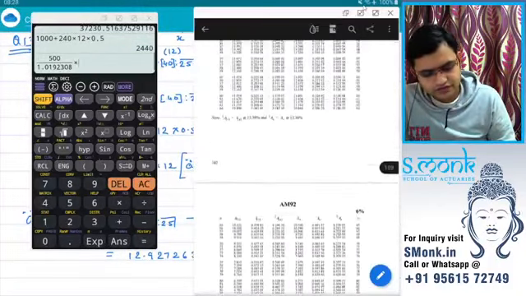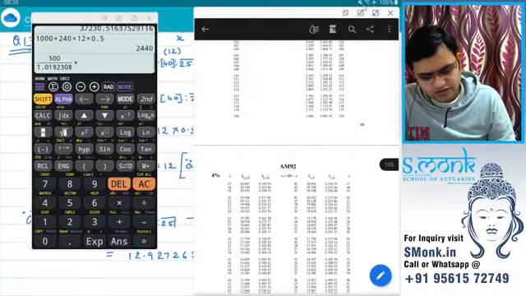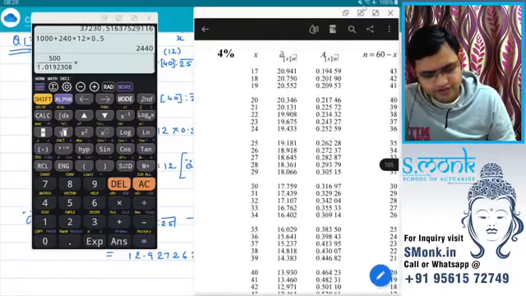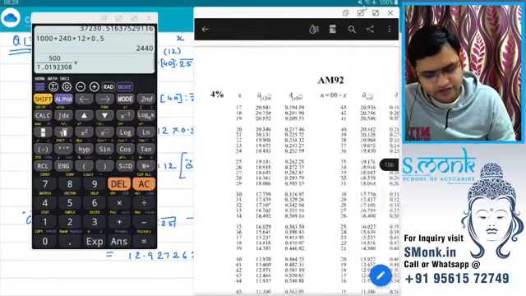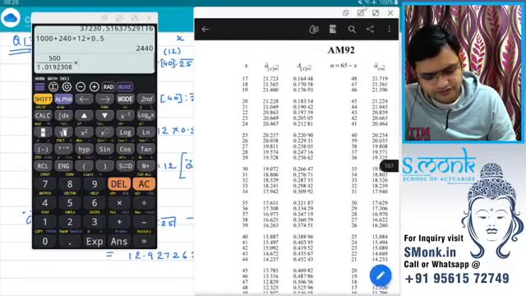Now we'll have to go to the 4% table. 4% A due select value for n equals 65.